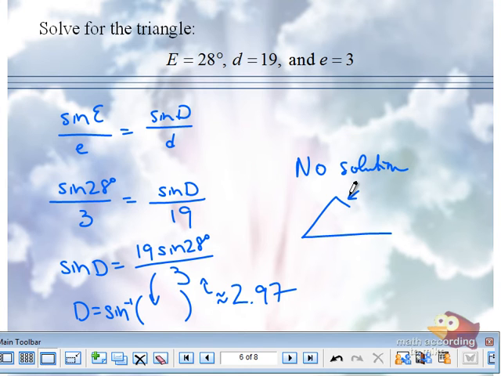It's just like hanging there. That's not good. That's pretty much what we have right here. So for instance, this would be E and that would be D. So side E is not long enough to meet because side D is way too long, 19.